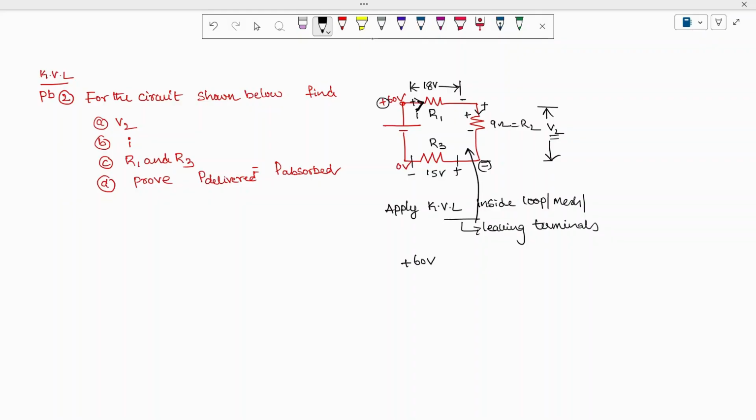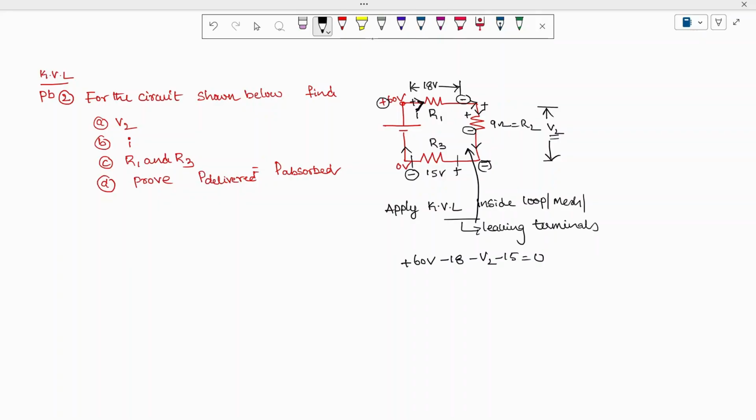And here again the current is leaving, so the leaving terminal of the voltage gives minus 18. Current enters at positive and leaves, so the leaving polarity of this voltage is minus V2. And the leaving terminal of this voltage gives minus 15, equal to 0.